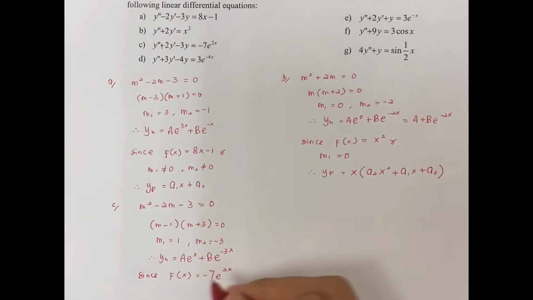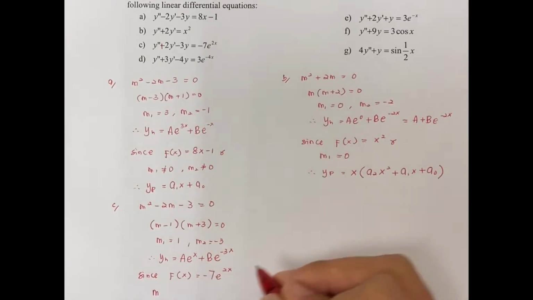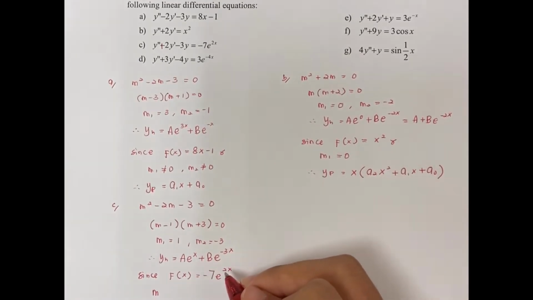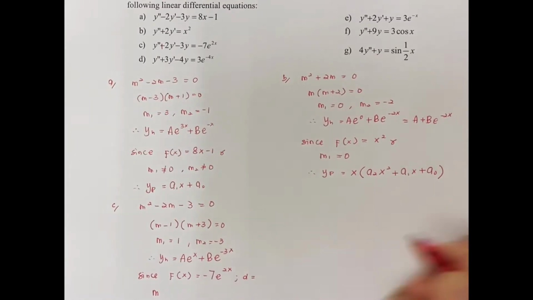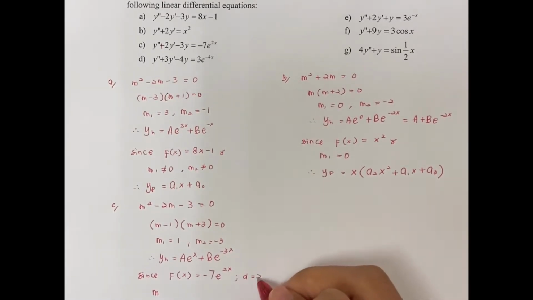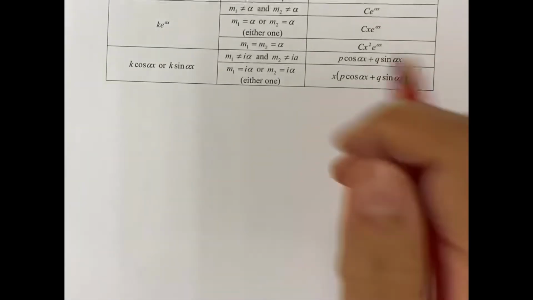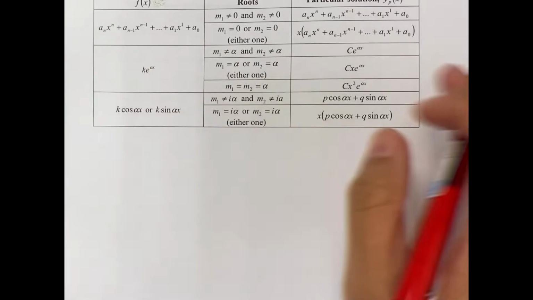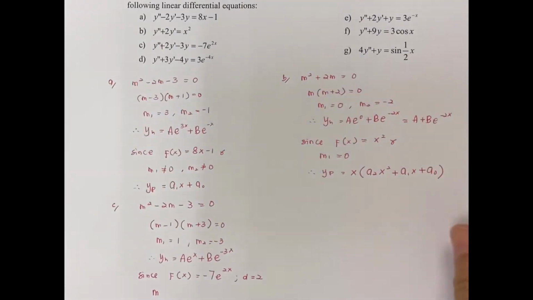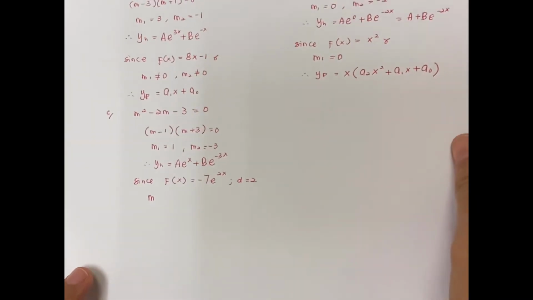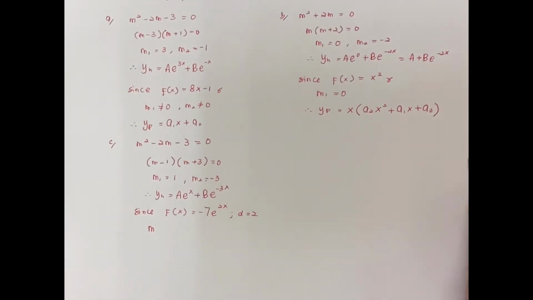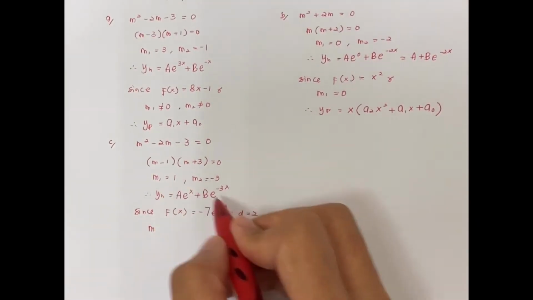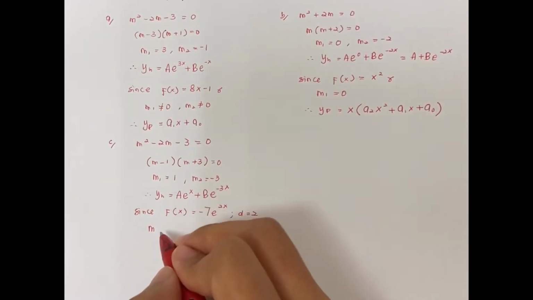And your m, for this one, for exponential and trigonometrics, you need to identify what is your alpha. So for this case, alpha is equal to 2. Once your alpha is equal to 2, you need to compare your roots with the alpha.